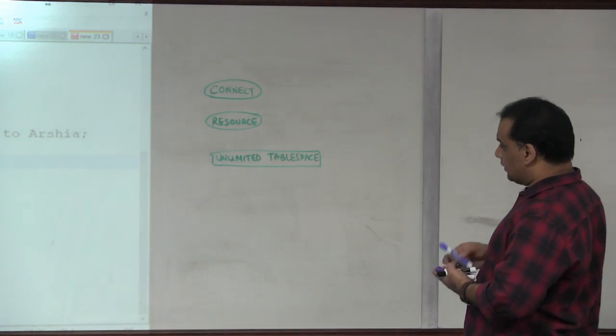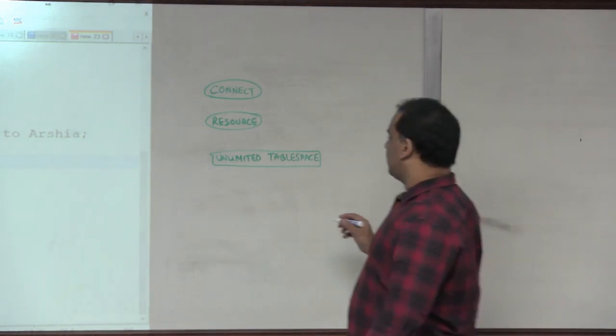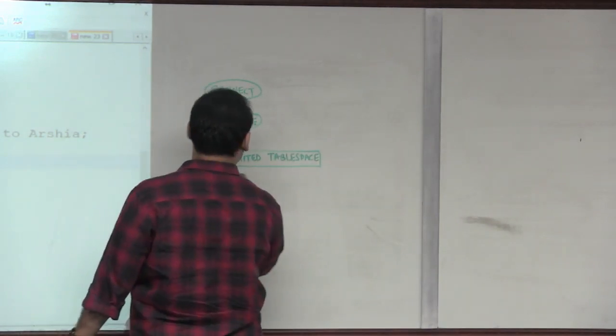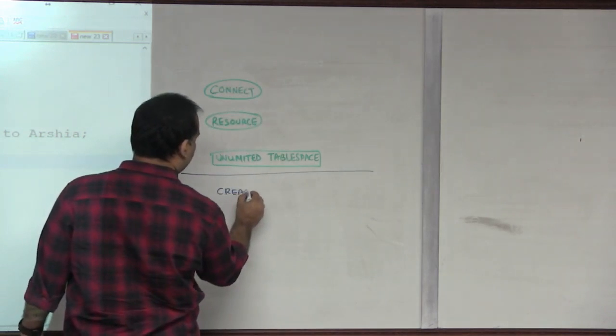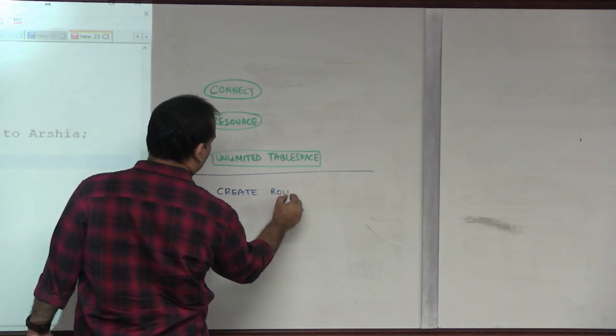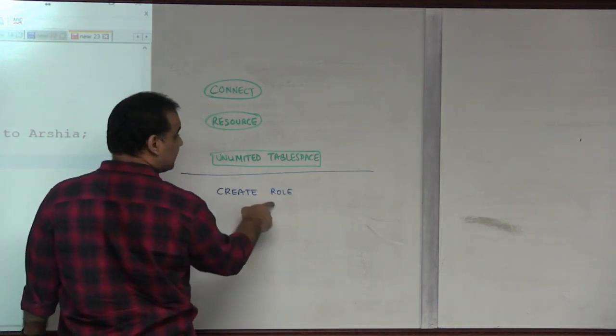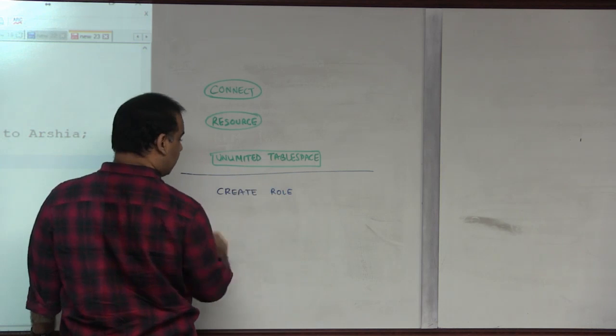So at this point, we can add a few more permissions. The first permission is called create role. Anyone who has create role should be able to create a new role.